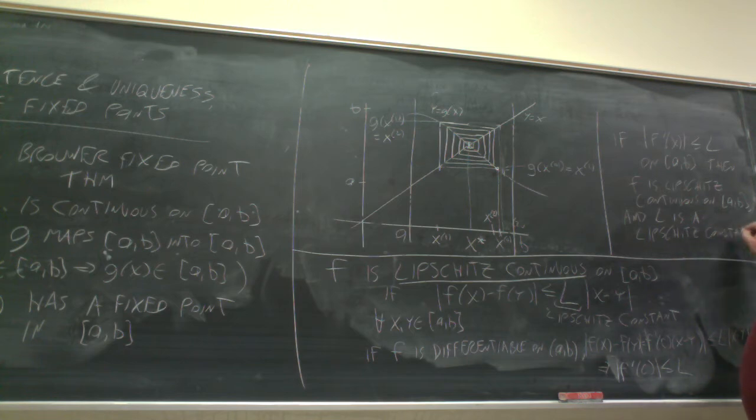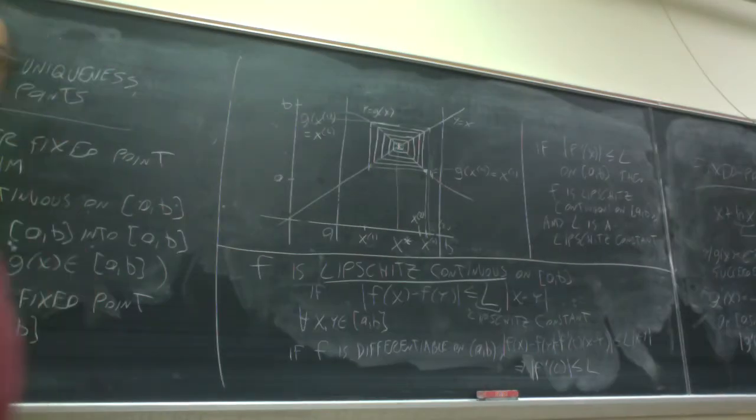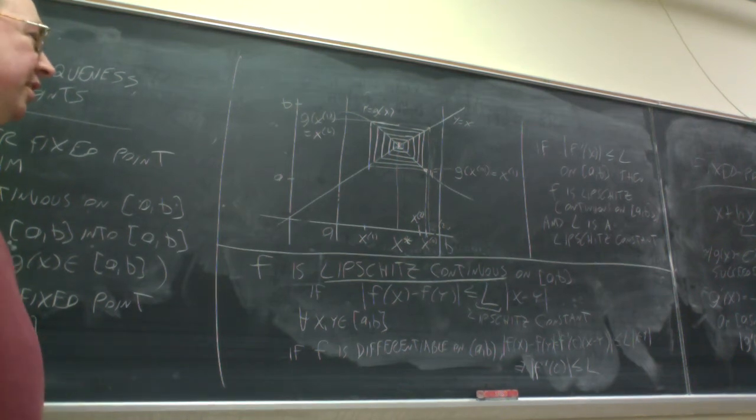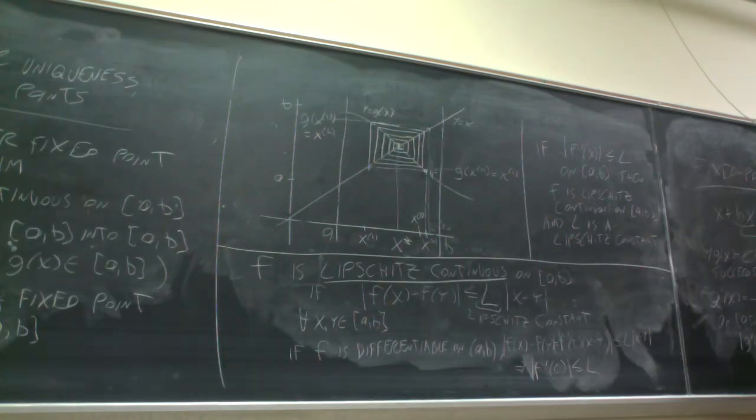So in a case where f has a derivative, that's something we can conclude. Now, fixed point iteration itself does not require that the function have a derivative. I mean, in our examples it does, but it's not absolutely necessary. It definitely has to be continuous, though.